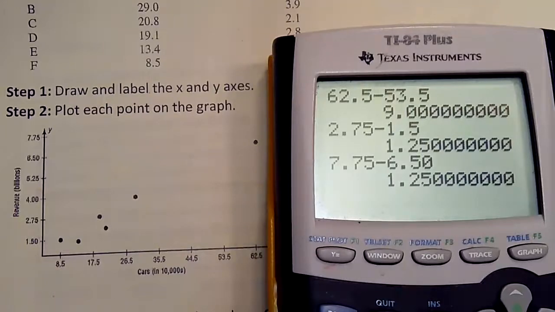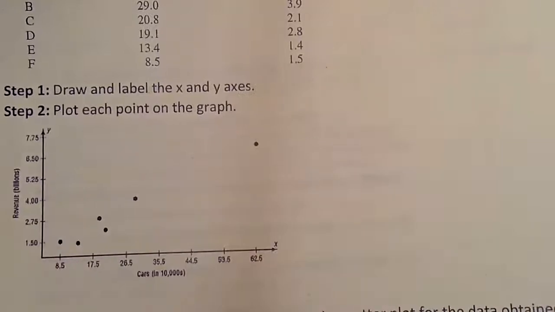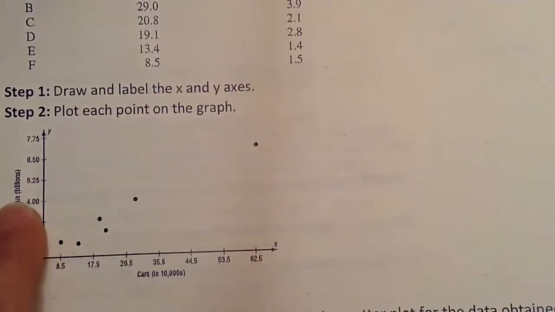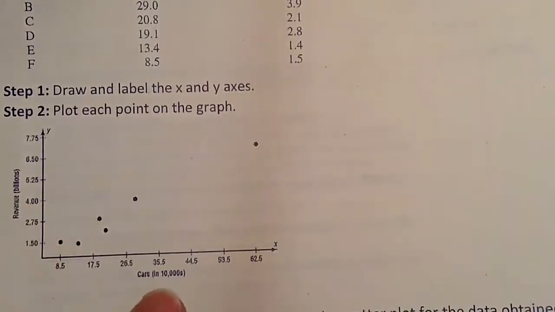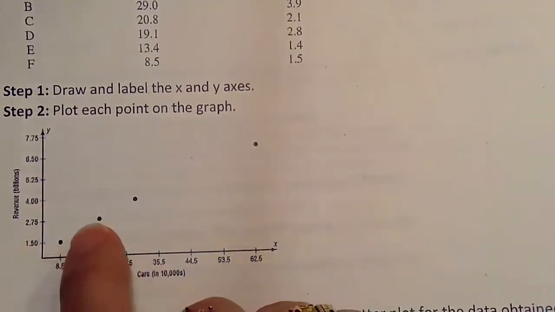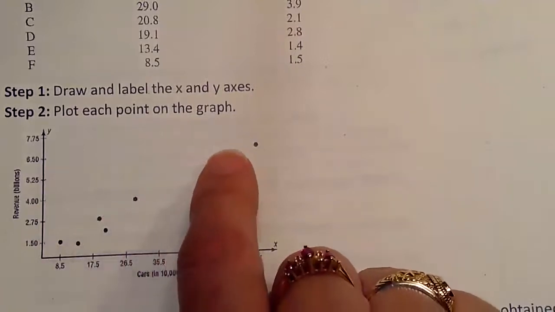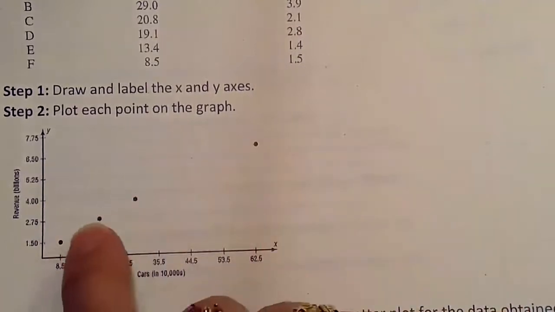This is your revenue in billions of dollars, and this is your cars in thousands. This does look like it has a positive linear relationship.